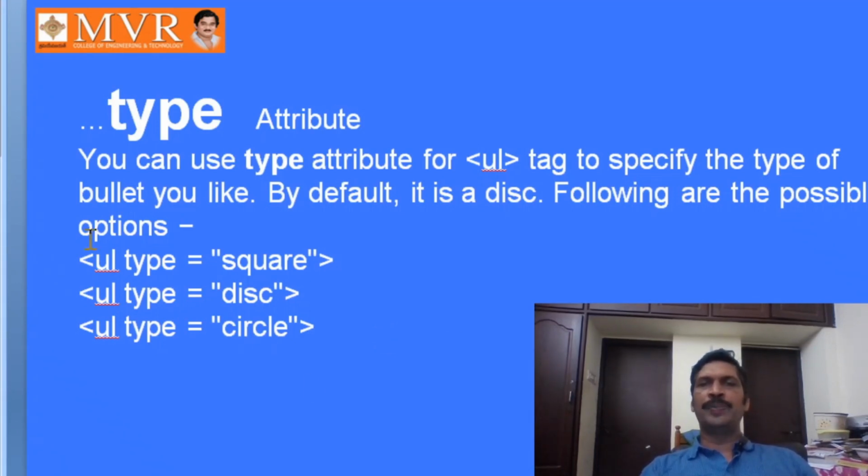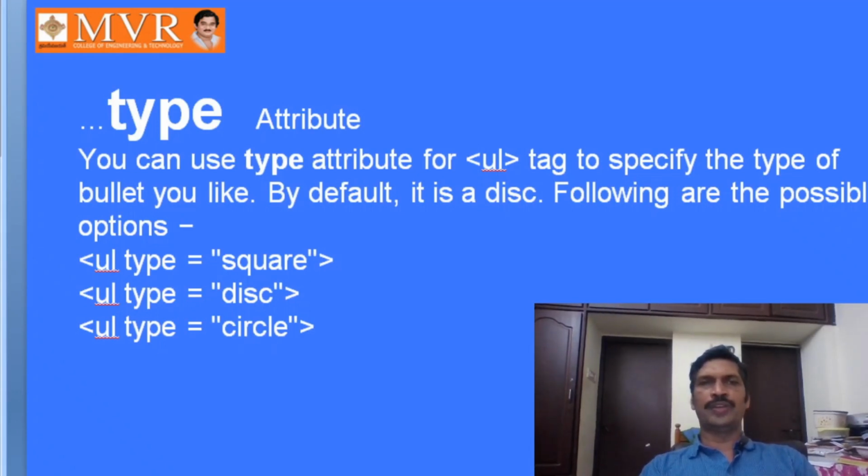Type equal to square means square items will come. Type equal to disk means disk items will come. Type equal to circle means circles will come. Within the same page, I will make the changes.